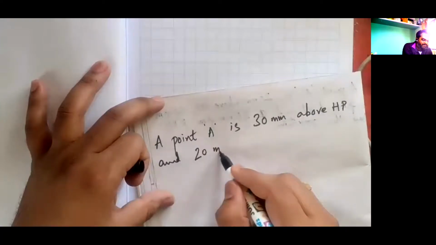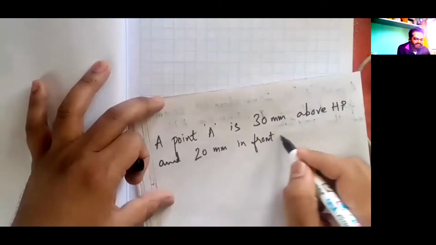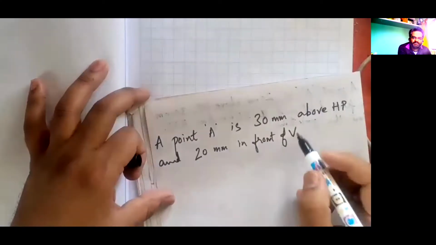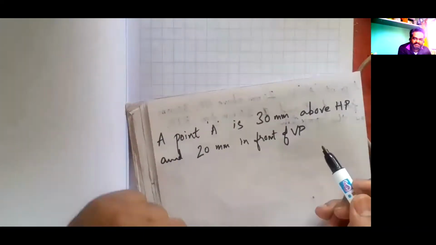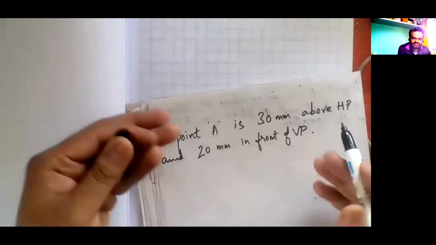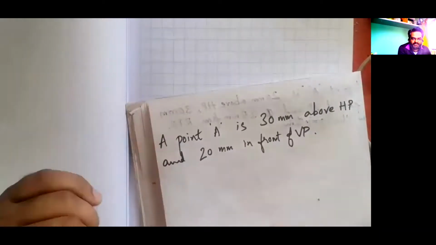is 20 mm in front of VP. The point is 30 mm above HP and 20 mm in front of VP. That means it is in the first quadrant. That should run in your mind, and in the first quadrant, you need to keep this position properly and fix it in your mind.